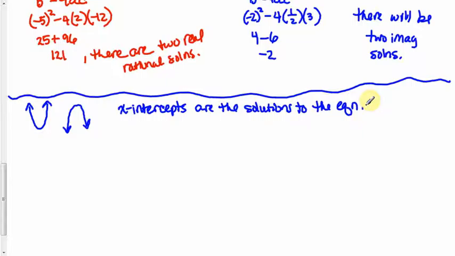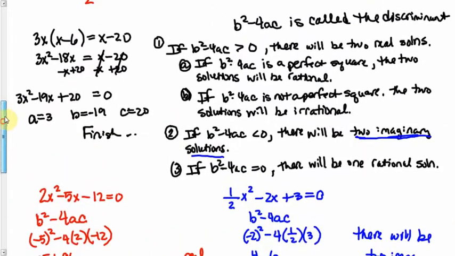So the vertex could actually sit on the x-axis, or it could not cross it at all. Those are the same 3 scenarios that we have right here when we're talking about our discriminant. For this one, it will cross it in 2 points. For this one, it will not cross it at all. And for this one, it will touch at the vertex on the x-axis.